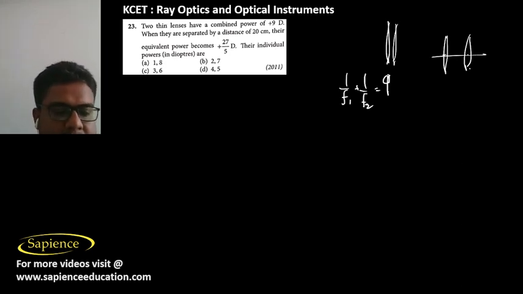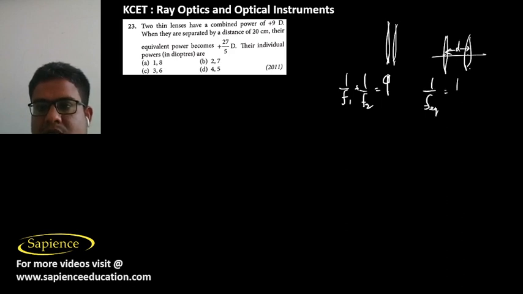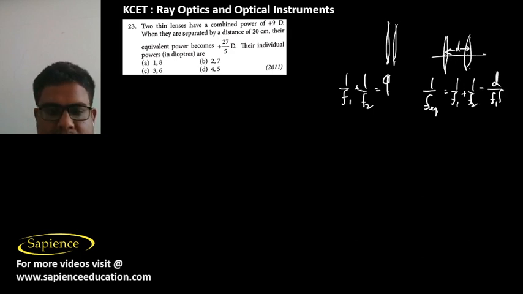So when they are separated by a distance d, then 1 by f equivalent is equal to 1 by f1 plus 1 by f2 minus d by f1 f2.